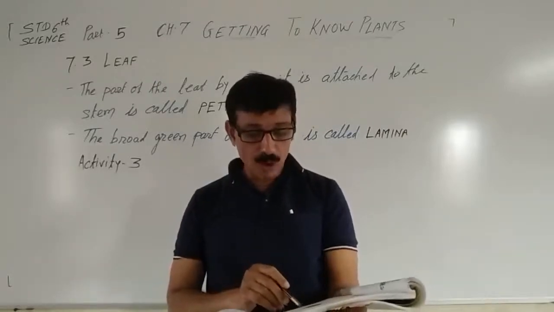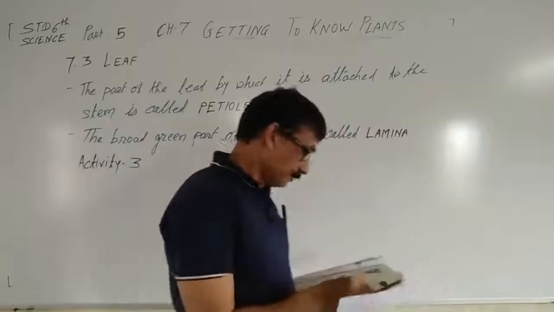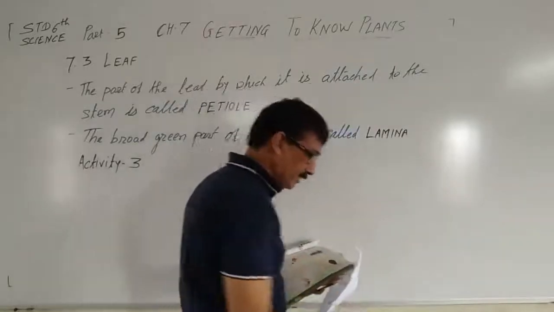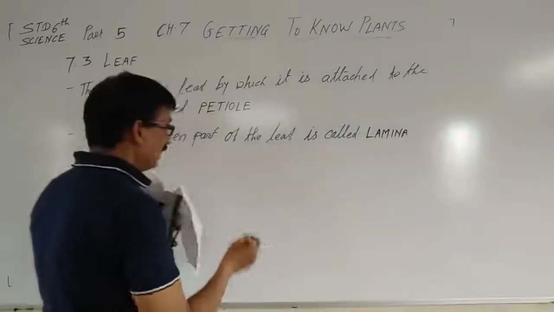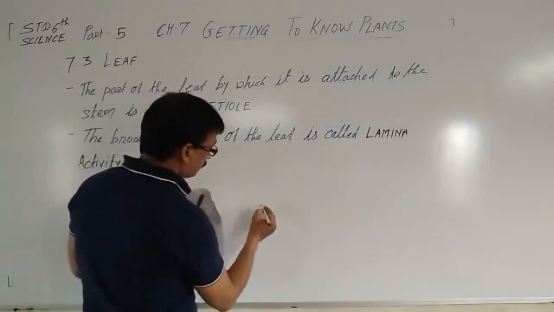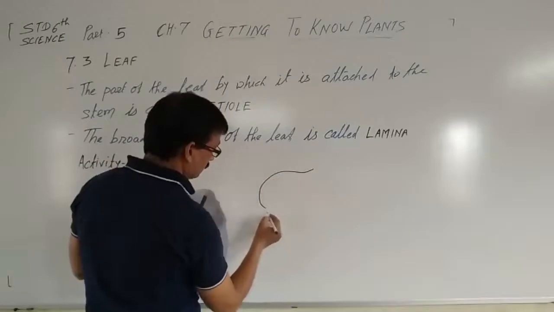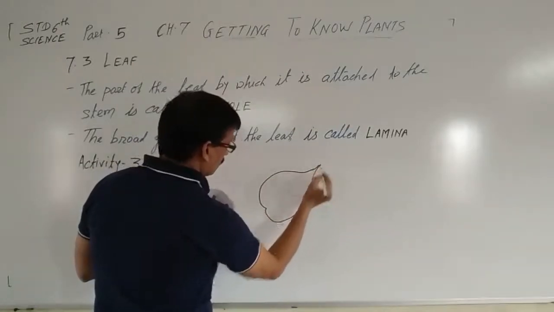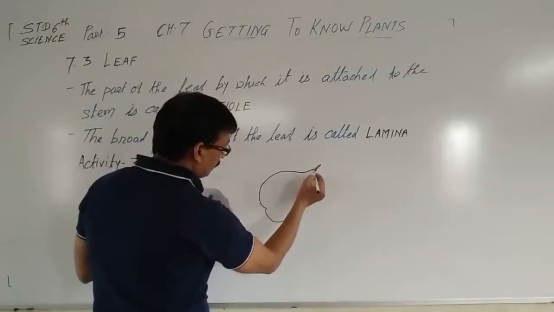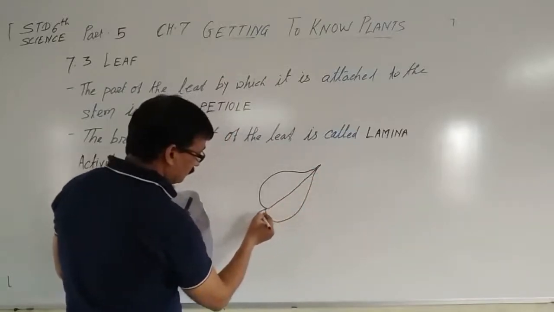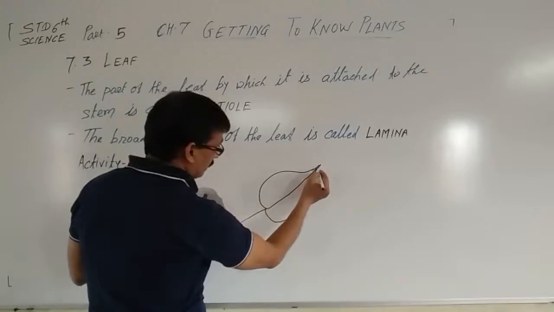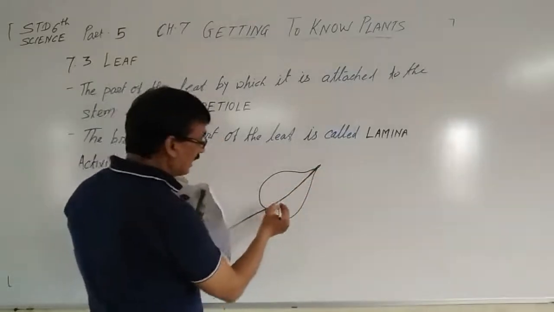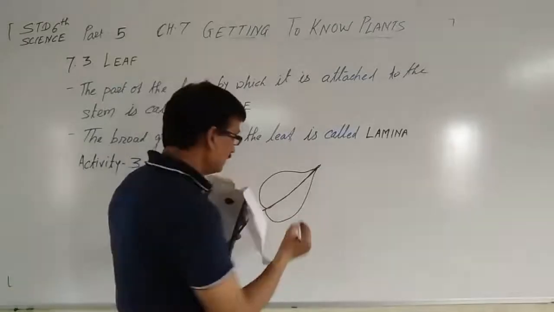This is called midrib. Suppose there is a leaf, let me draw a leaf. Suppose this is a leaf. Then this is a prominent line, isn't it?